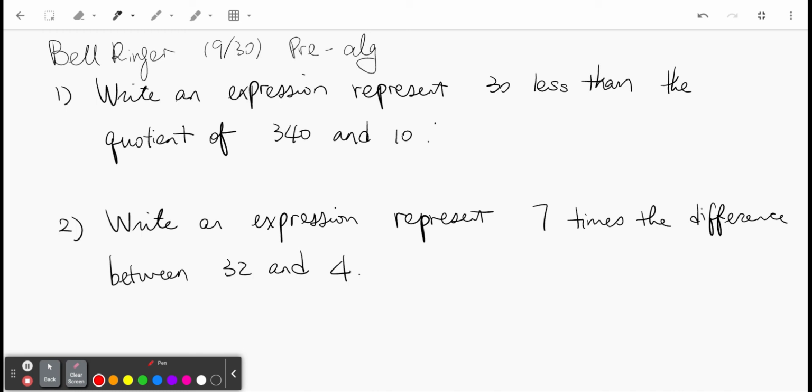So when we start, let's look at number 1. Number 1 says write an expression to represent 30 less than. What does less than mean? Minus. So less than means minus.